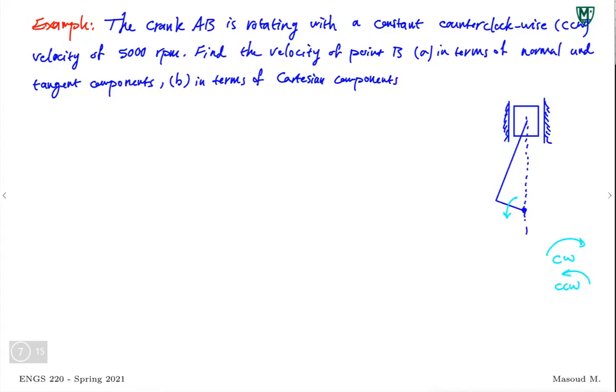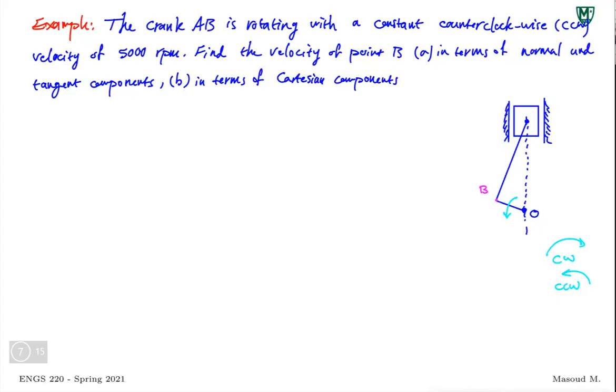All right, so this is point B that we're talking about. This rod is connected to the piston. So when this rotates, I'll call this OB. When OB rotates counterclockwise, the piston inside the cylinder goes down on the left side.